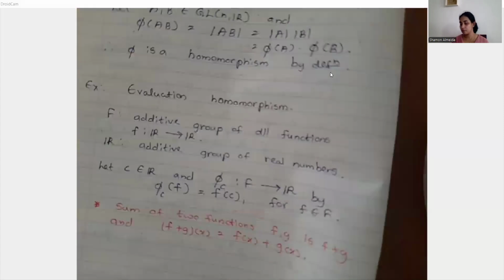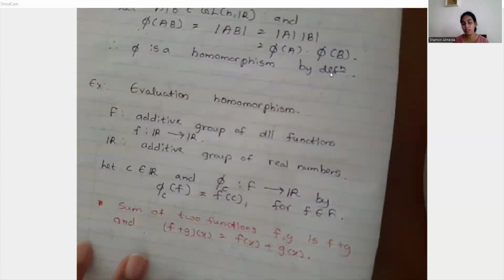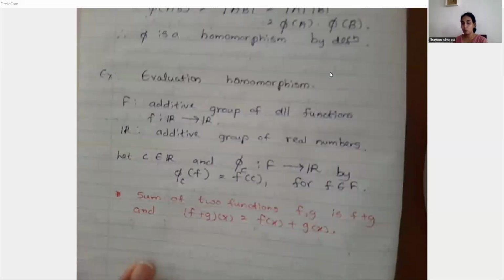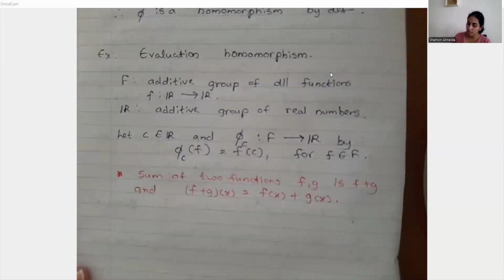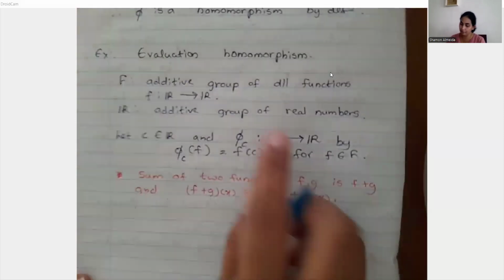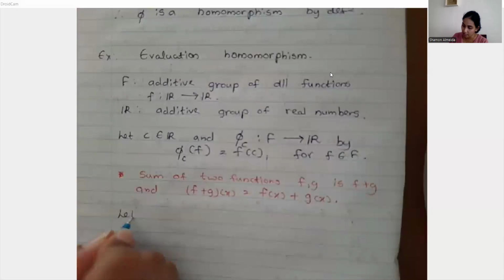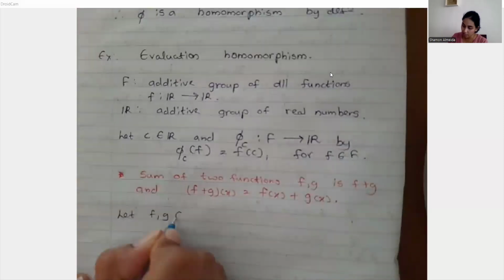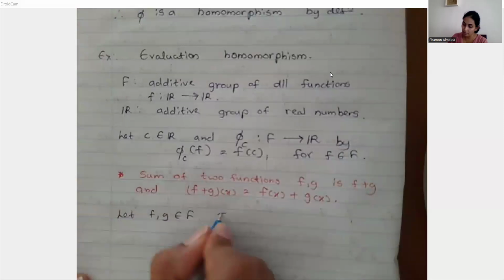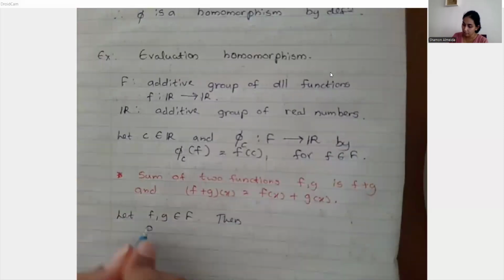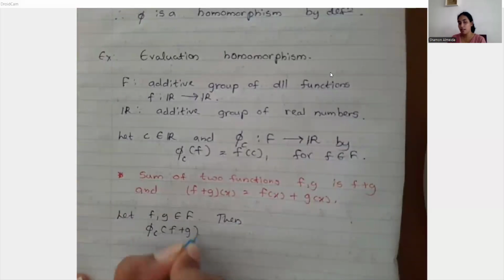Now, to see that this is indeed a homomorphism, right? Let's take two functions from F. So let's take f and g from F. Then we have phi of c, f plus g. Why do we have f plus g?